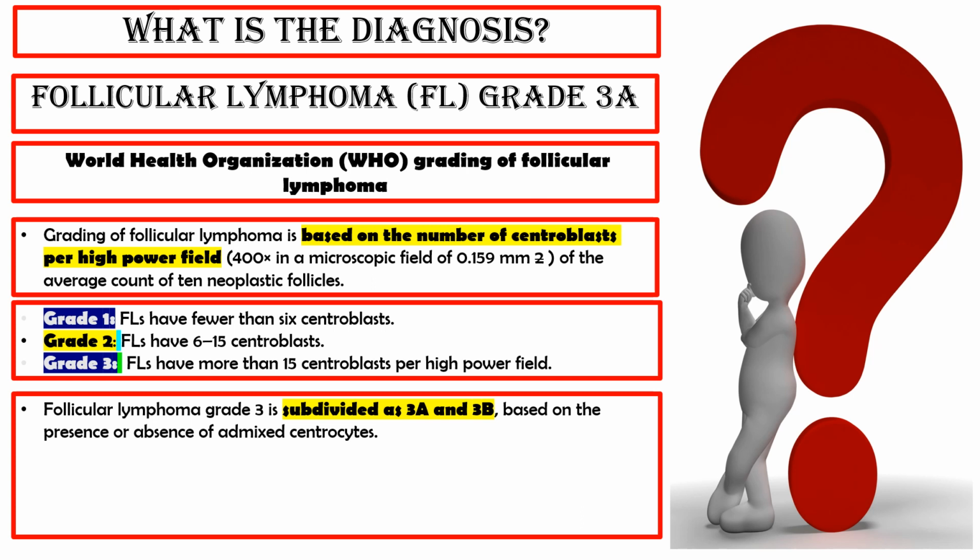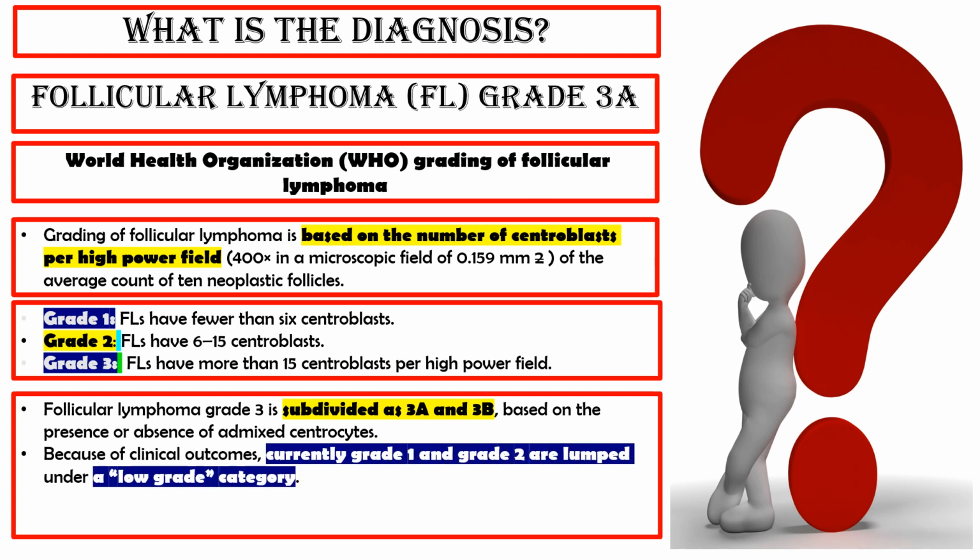Follicular lymphoma grade 3 is subdivided as 3A and 3B based on the presence or absence of admixed centrocytes. Because of clinical outcomes, currently grade 1 and grade 2 are lumped under a low-grade category.